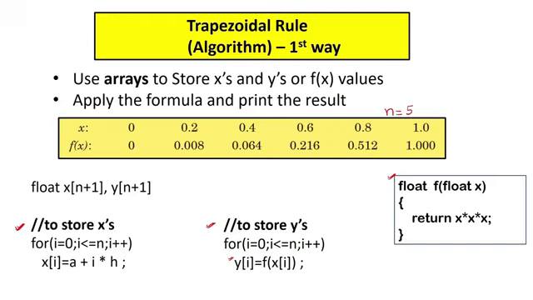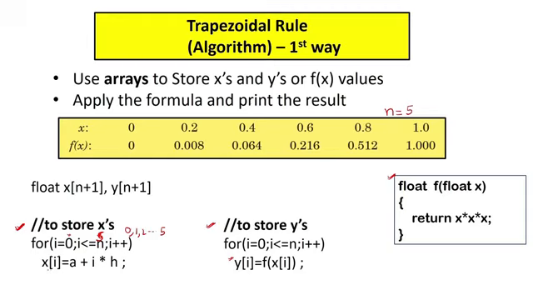I have to store a total of 6 values, so I am starting from i equal to 0 to i less than or equal to n. n is 5, so the values are stored from index 0, then 1, then 2, and till 5. So a total of 6 values are stored.